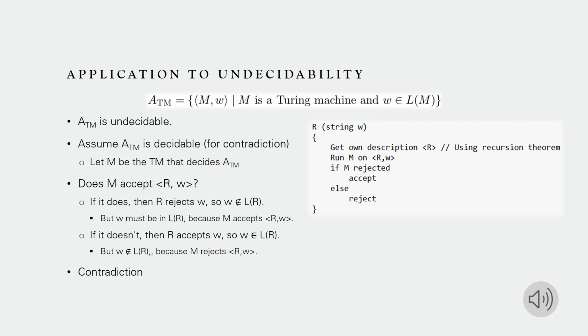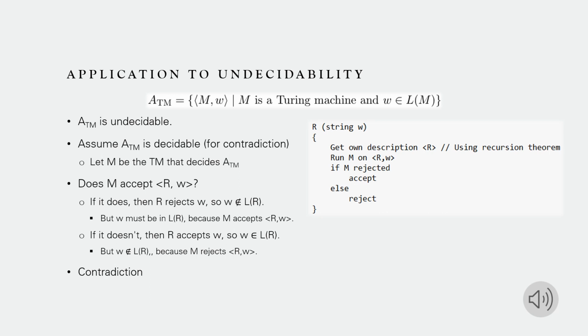So it gets its own description, and what it does is it runs M on itself and W, and it does the opposite of what M said. So if M said that R accepts W, it rejects. And if it said that M rejects W, it accepts.